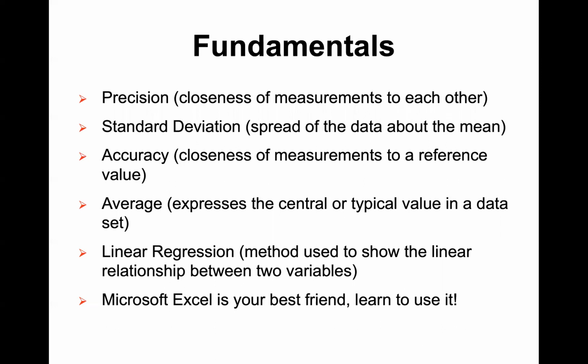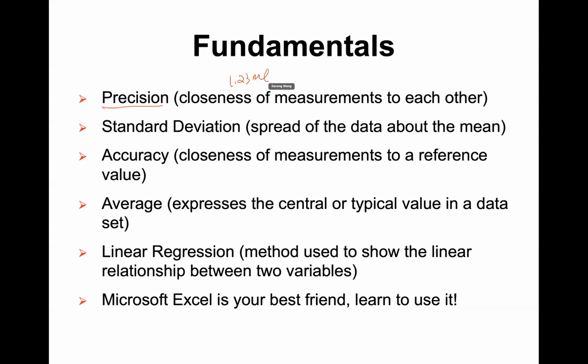Let's look at some fundamentals during the measurement. The first thing is precision. Precision, by definition, is talking about how close your measurements are to each other, right? For example, you measure the volume of water, use a pipette to take, you try your best to have a volume of 1.23 milliliter.